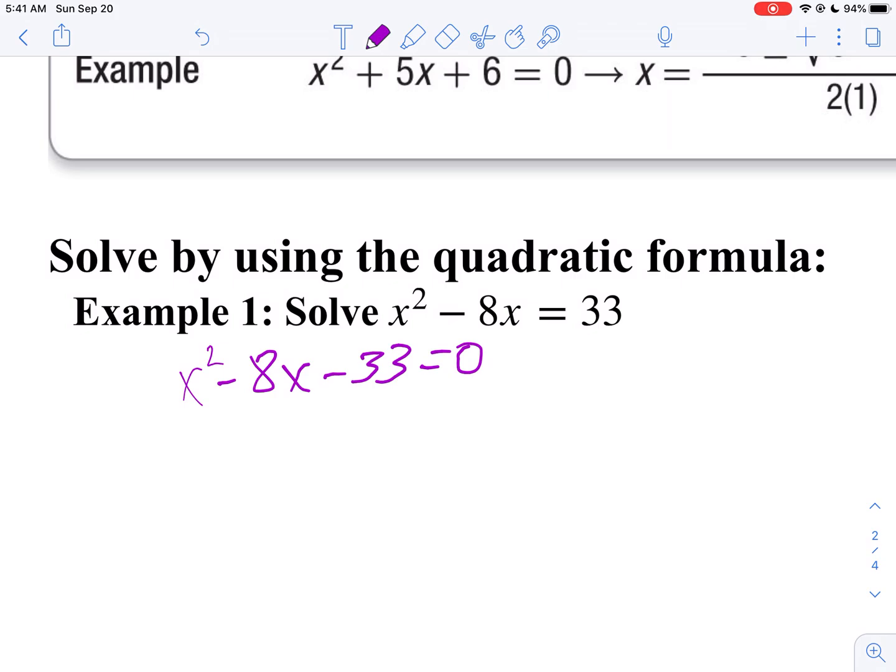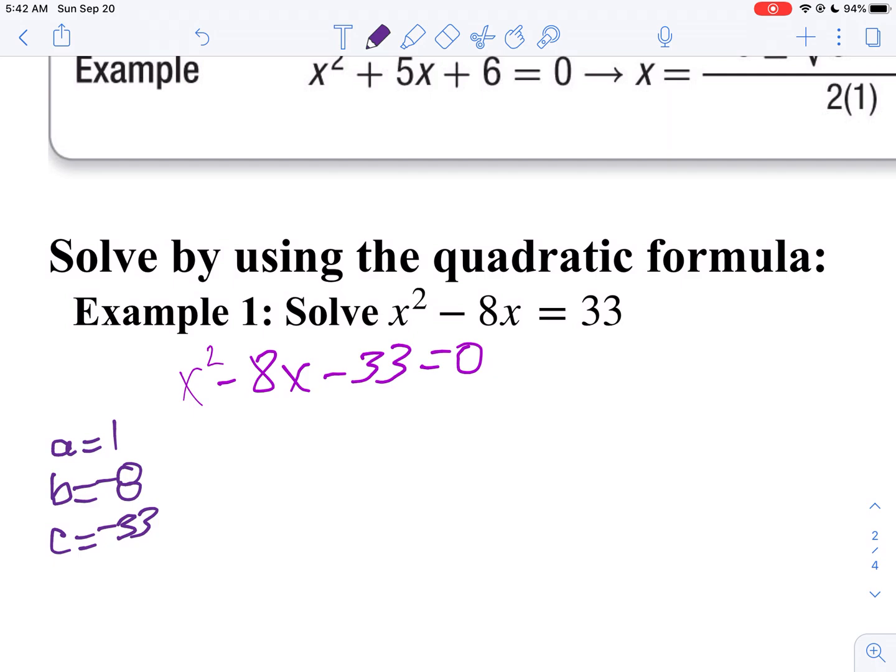In this particular problem, let's write them down. A is the coefficient of your x squared term, so a is 1. B is negative 8. And C is negative 33.